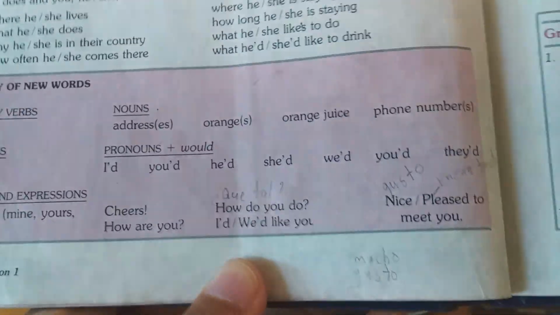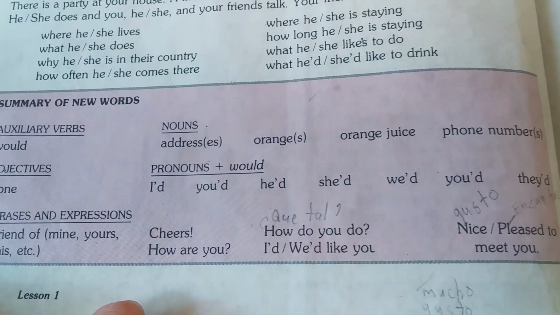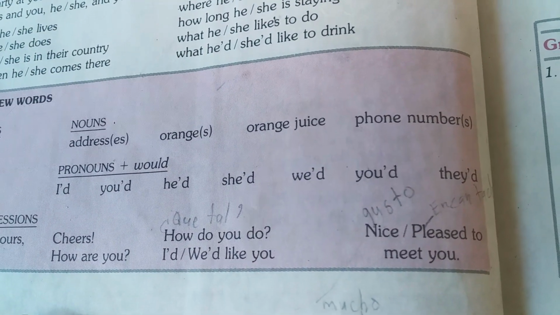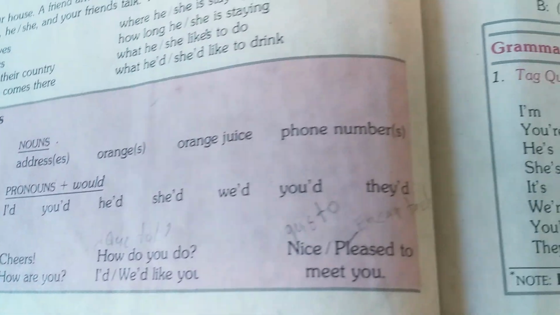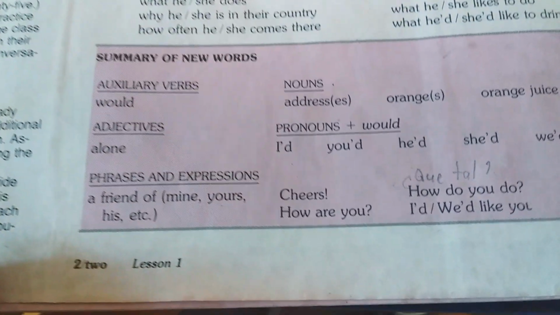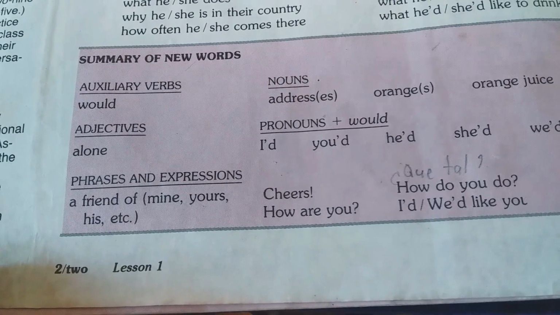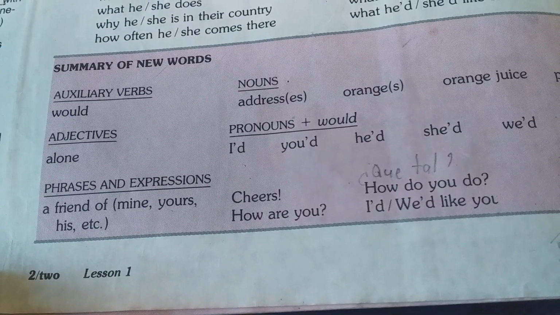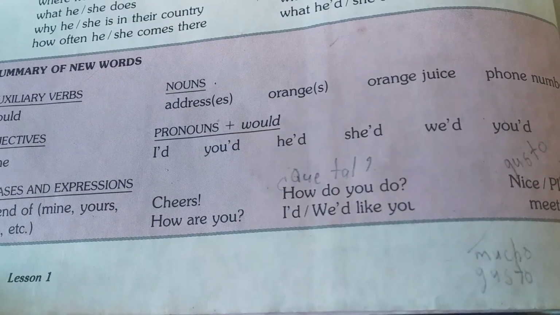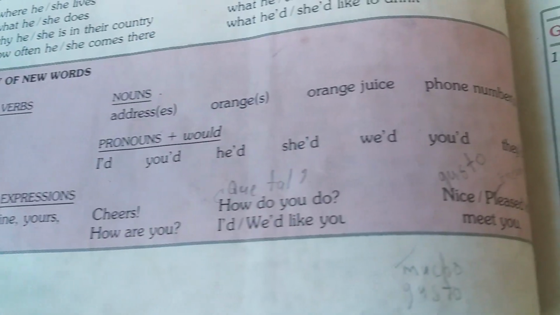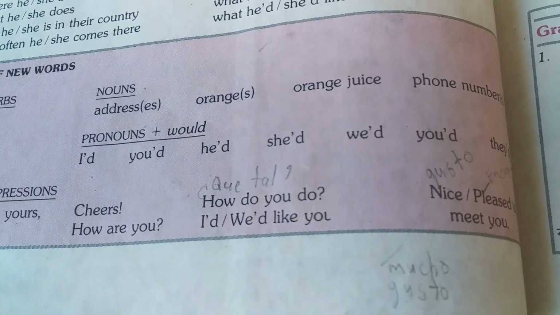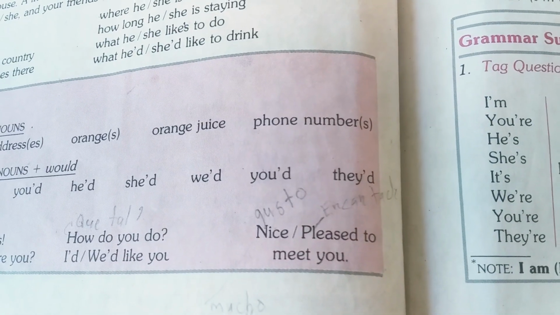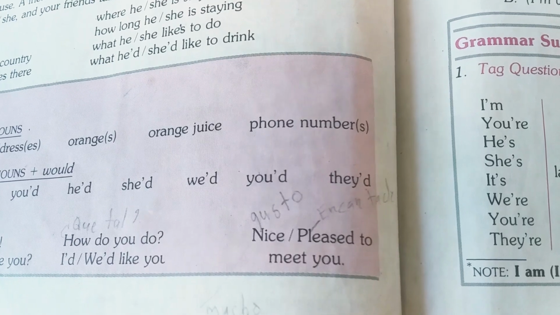Pronouns and would. I'd. You'd. He'd. She'd. We'd. You'd. They'd. Phrases and expressions. A friend of mine. A friend of yours. A friend of his. Cheers. How are you? How do you do? I'd like you. We'd like you. Nice to meet you. Pleased to meet you.